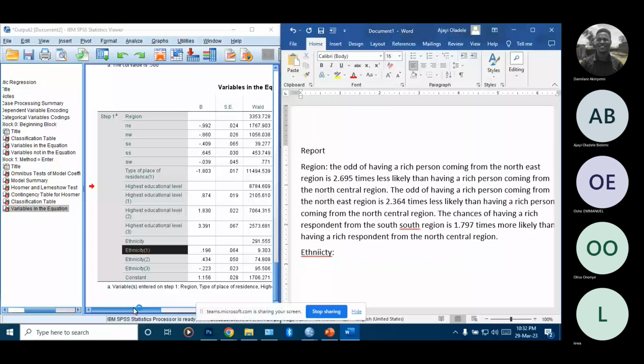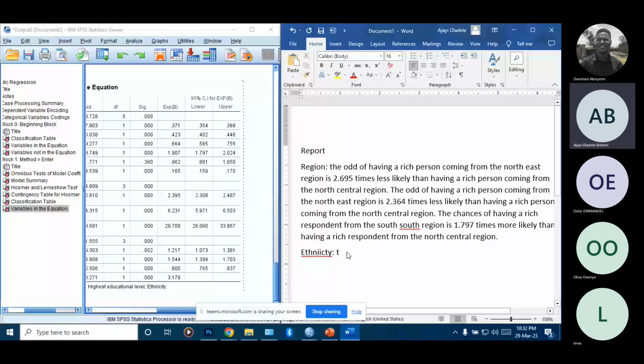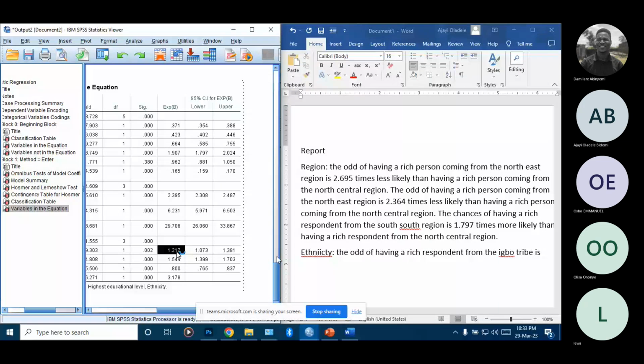So the Igbos now. The chances of having a rich respondent from the Igbo tribe, the odds ratio is 1.217, is 1.217 times more likely than having a rich respondent from the Hausa tribe.